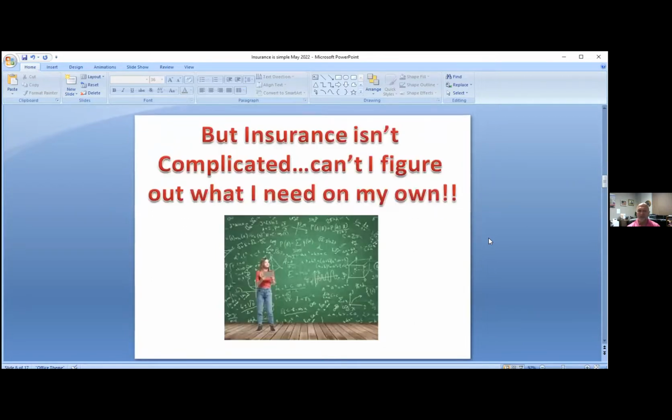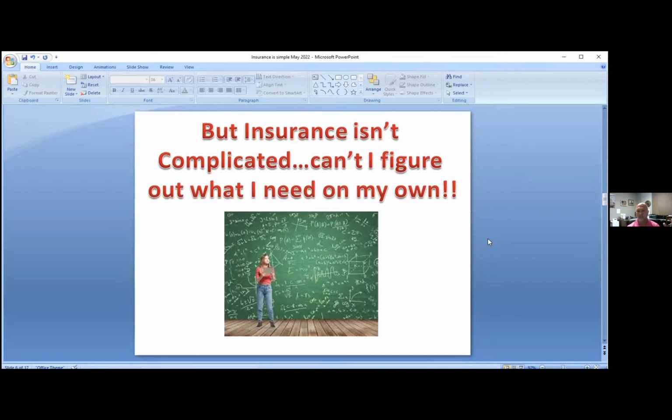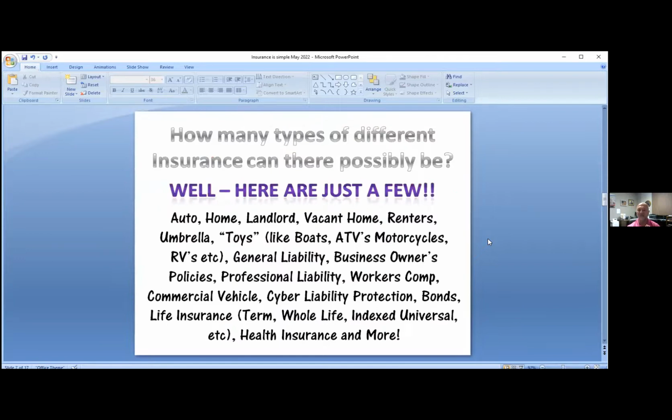So all that said, insurance really isn't that complicated, right? Get an accident, something happens, you get paid. So if it's not complicated, why can't I figure it out? And why can't I do all this on my own? Well, you kind of can, but how many different types of insurance could there possibly be?